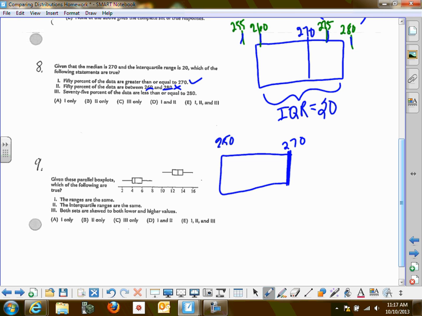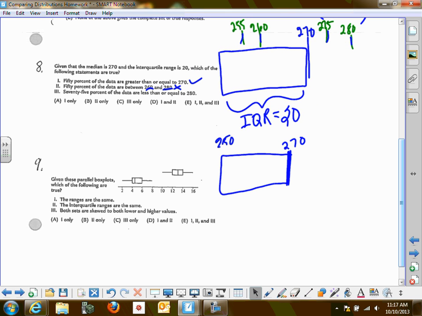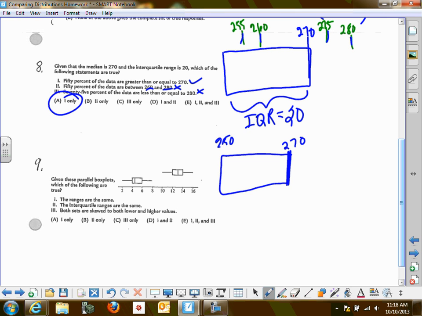No, it could be somewhere else. How about this? 75% of the data is less than or equal to 280. It could be true, but it is not necessarily, because I said this could be right there. So that's also false. Therefore, the only one that is true is 1.